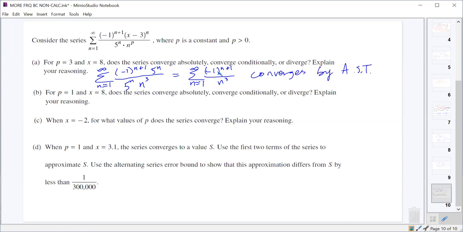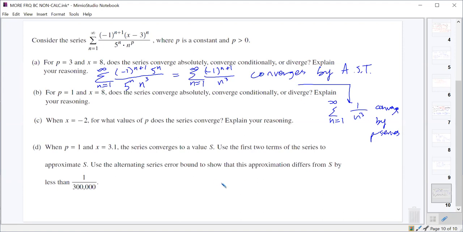What about the absolute value of it? That's just 1 over n cubed. Does that converge or diverge? That should converge by the p-series test. So the series converges, and the absolute value of the series converges.